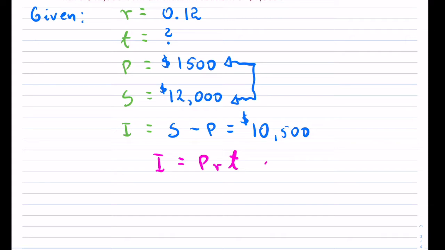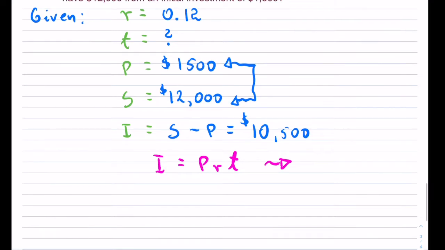If you really want to know the formula for T, you can rearrange this, and you get T equals your interest I divided by PR. But you can just substitute all of these.